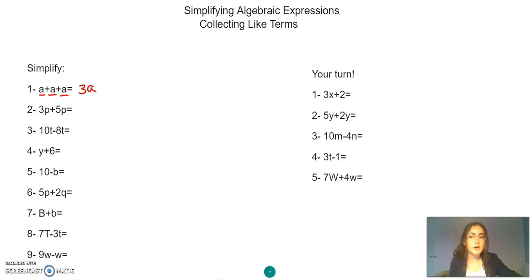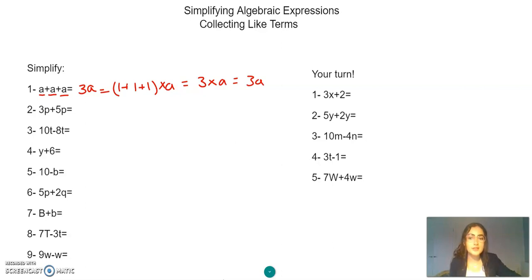Another way to think about it is that there is 1 in front of each A, so we can do 1 plus 1 plus 1 times A, which is the same as 3 times A, which is, again, 3A. So that's two different ways to think about it.